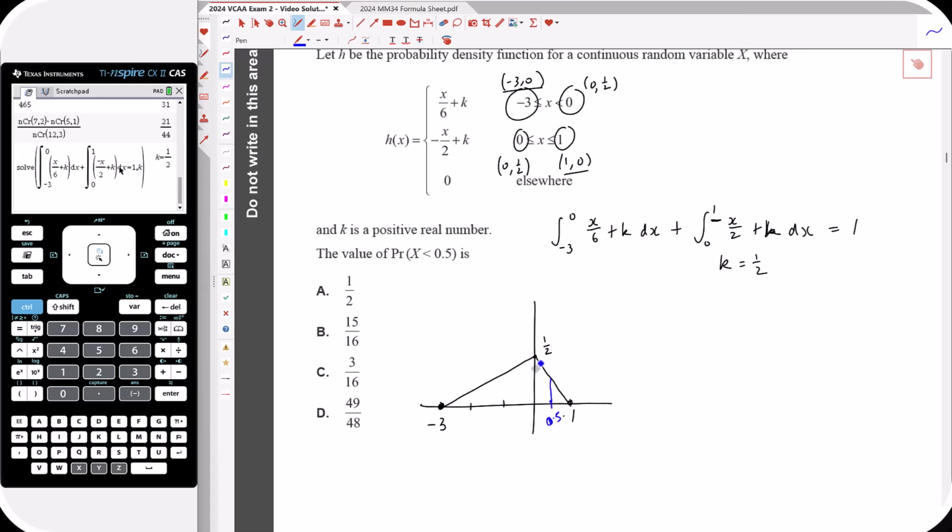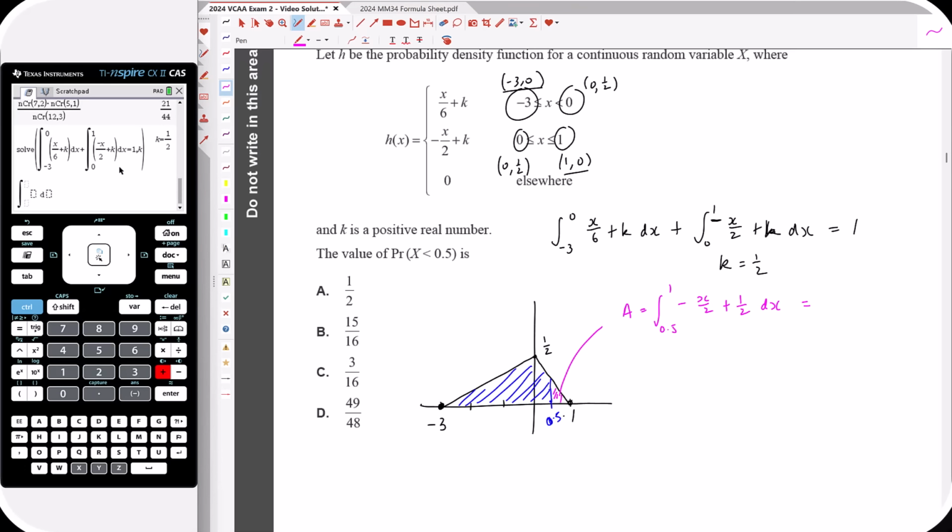So rather than setting up two integrals under the two separate lines to find that area, it's going to be easier to find this area here. You could use triangles, but integrals are just as quick: the integral from 0.5 to 1 of negative x on 2 plus 1 on 2 dx.